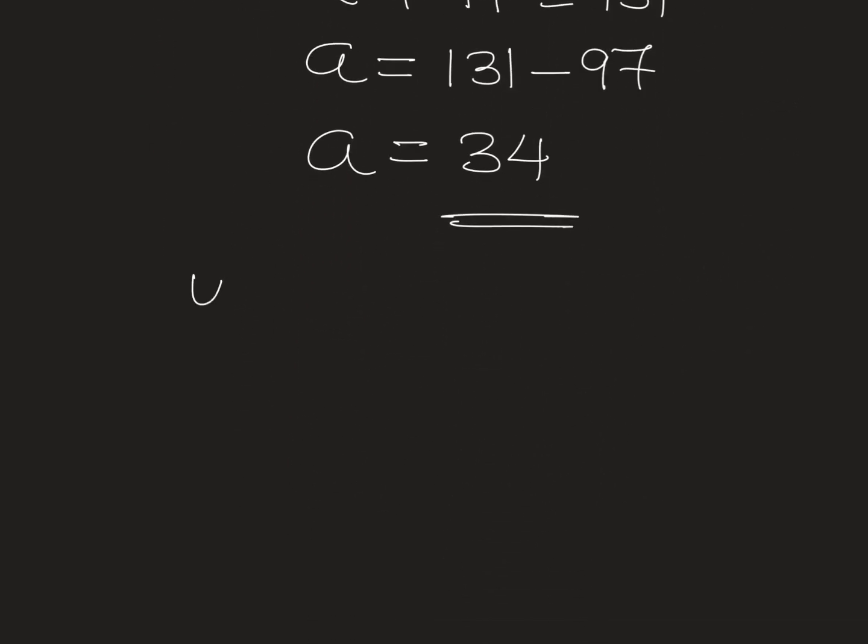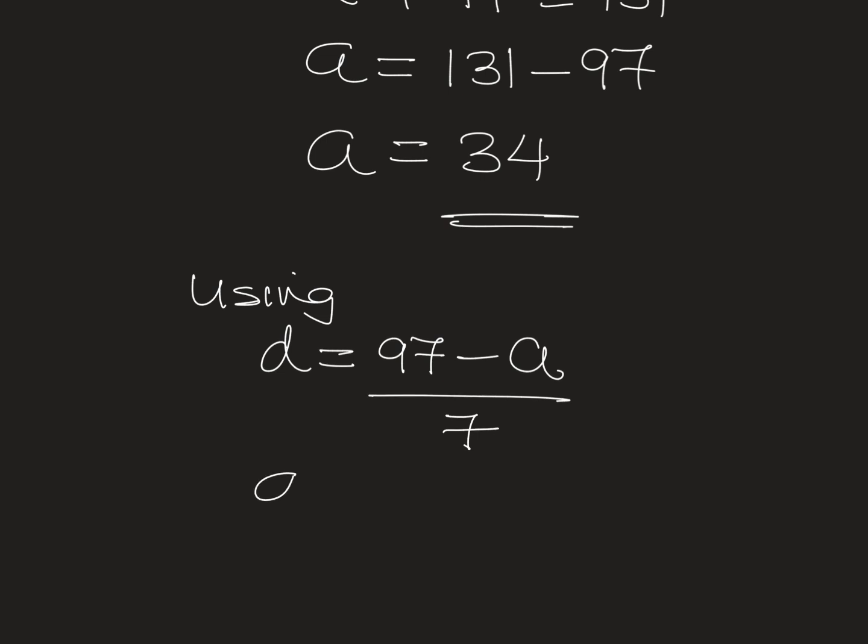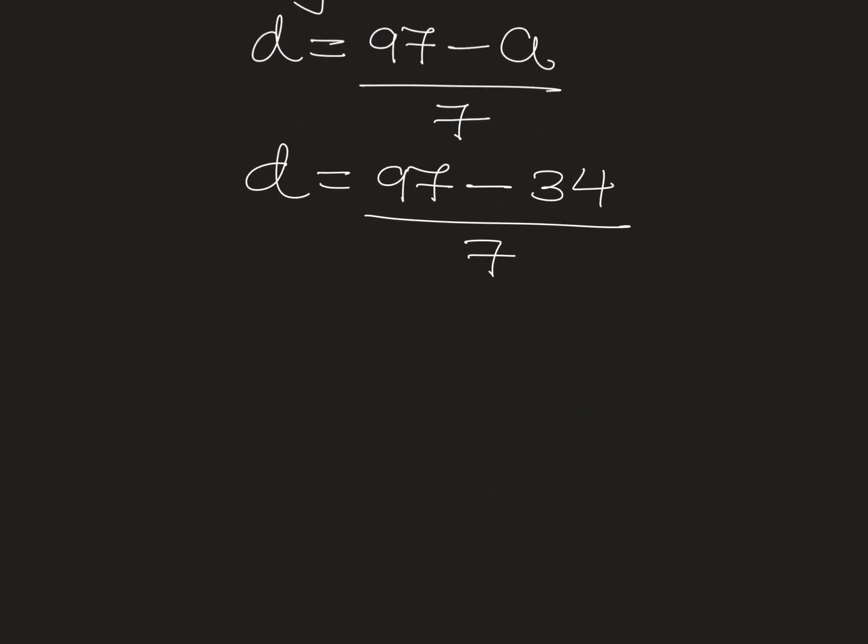Using d is equal to 97 minus a all over 7, d will be 97 minus 34 all over 7. 97 minus 34 is 63 all over 7. So d will be 63 divided by 7, which is 9. So that's the common difference, 9.